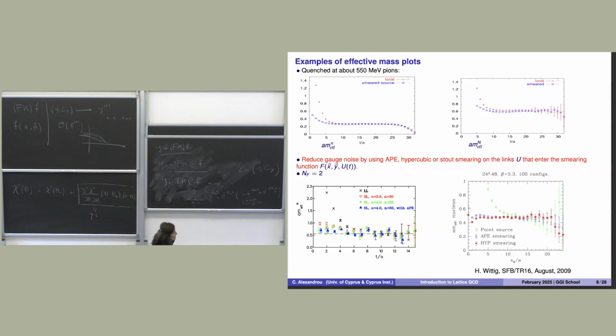And you see the kind of signal compared to this. Much more noisy. But again, this is the unsmeared, you see, and these are different levels of smearing, and you see that I approach the plateau much faster than I do with the local, although the noise is larger than this. So that's what we do. This is another example.